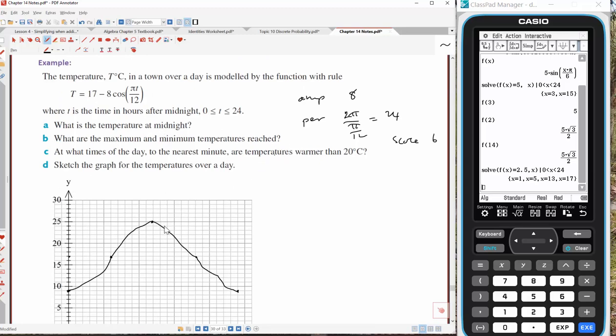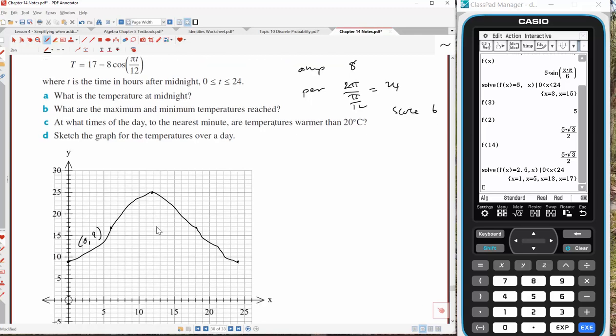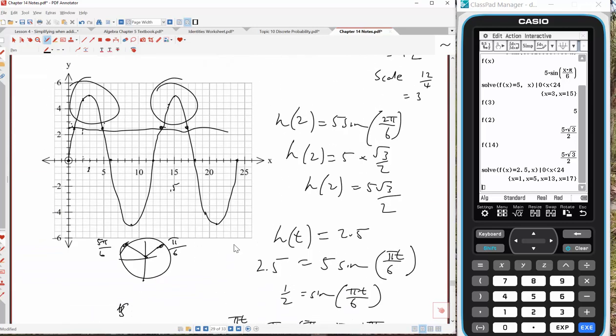Okay, so don't forget, girls, that you want to sketch all key features or label all key features. 0, 9. The max value or the turning point is going to be 12, 25, and this endpoint here is 24, 9. I don't think I labeled the key features on this graph here yet.